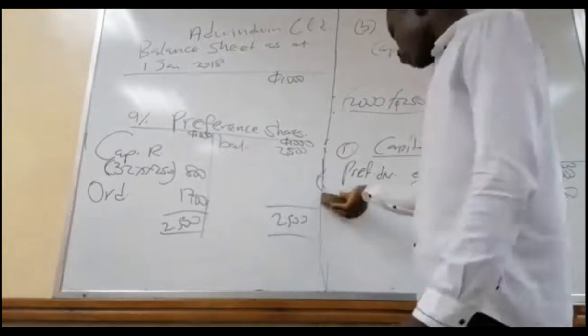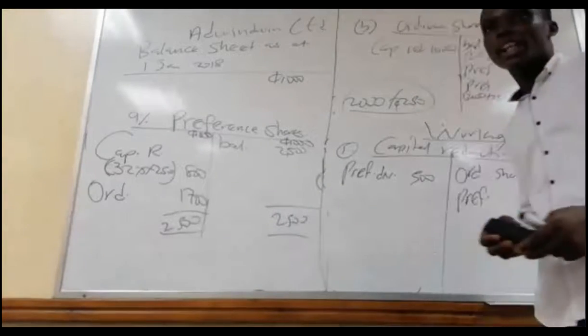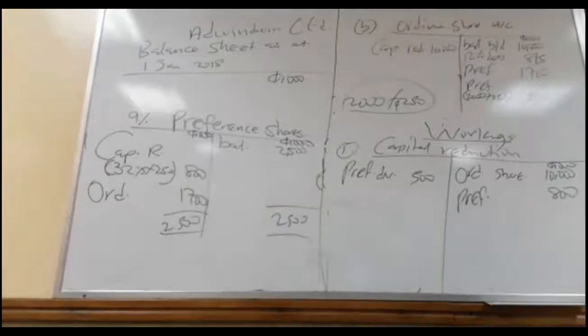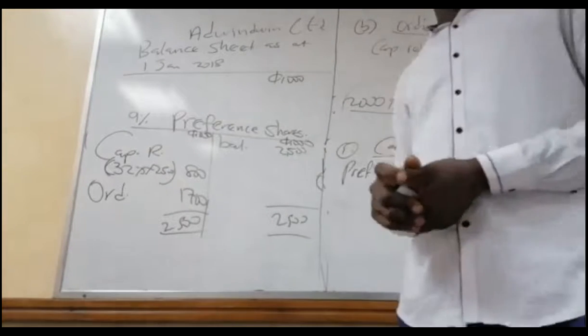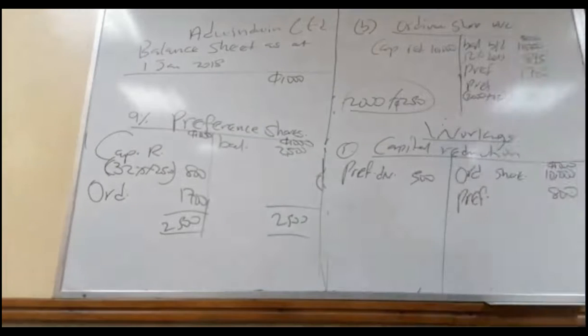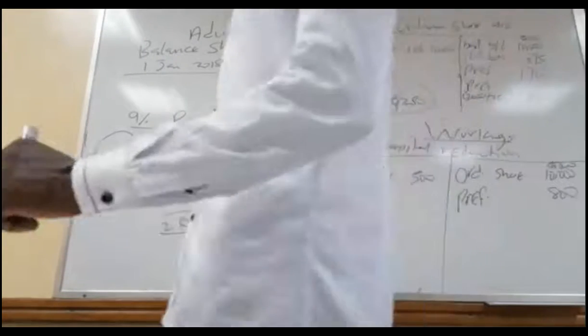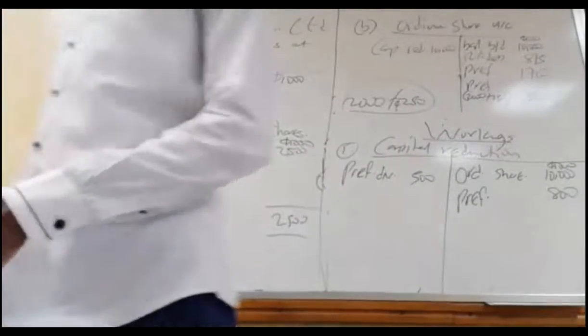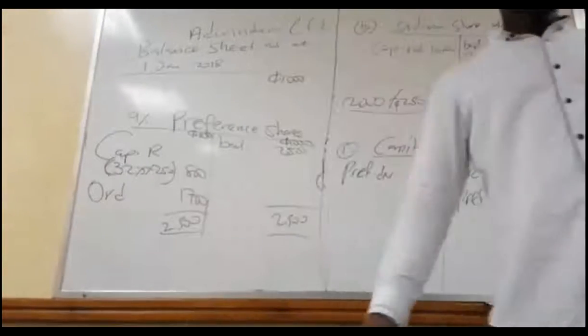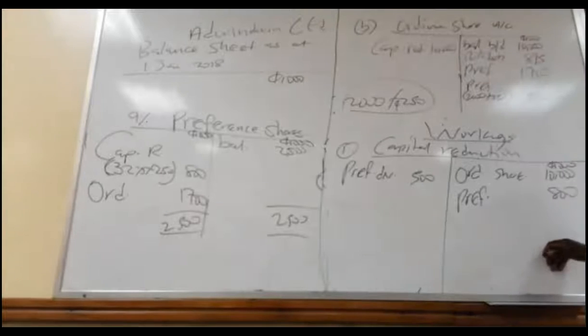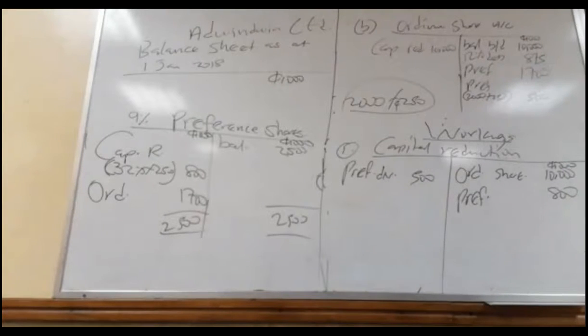But let's go by our shortcut approach. First, get the value of the shares you are giving. 2, add it to your shares. 3, your loss at the capital reduction side. What if this time around you are not paying shares? You are paying cash. If you are paying cash, you will subtract it from your cash balance. It's not going to share capital.